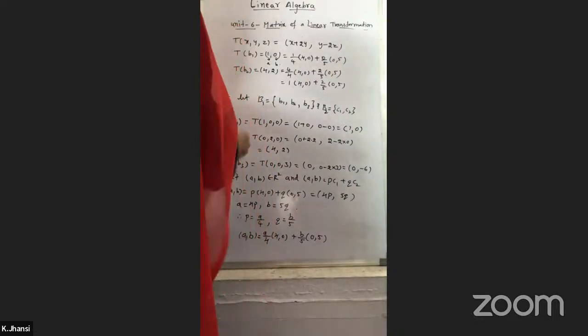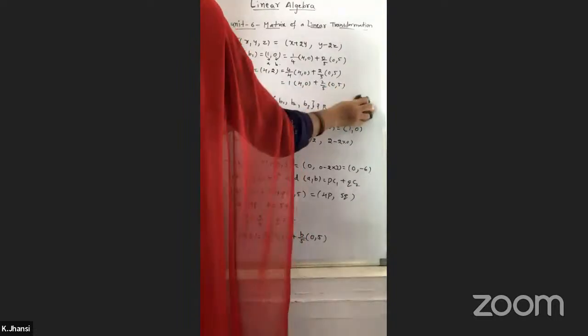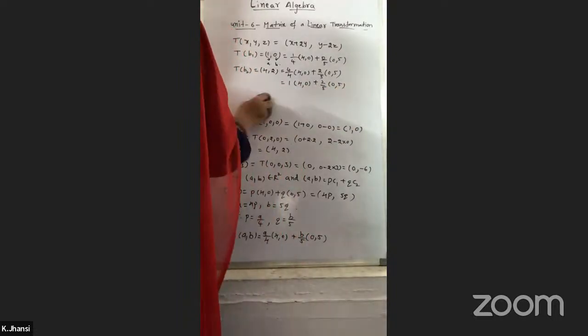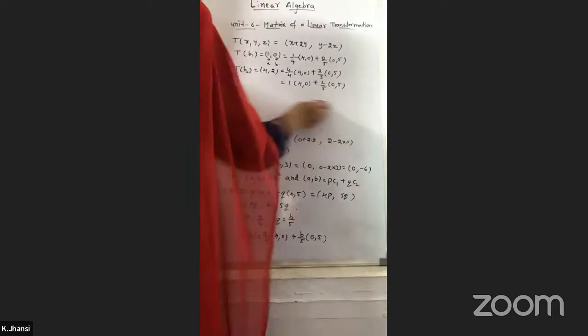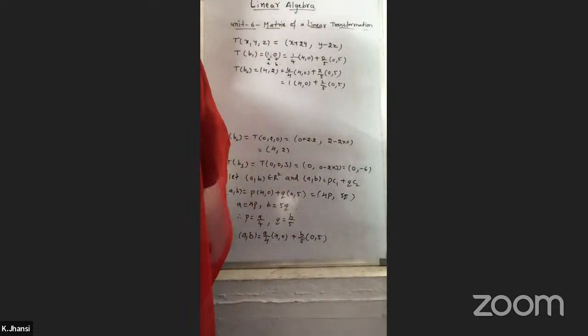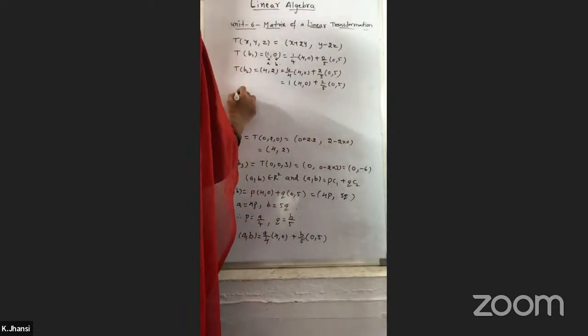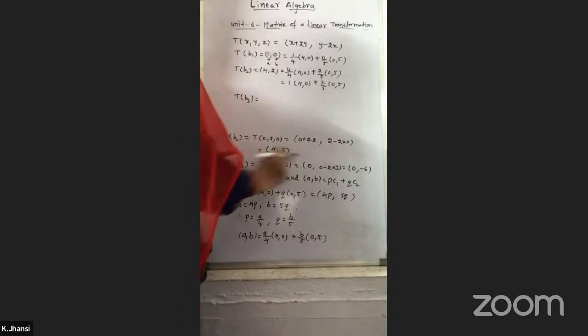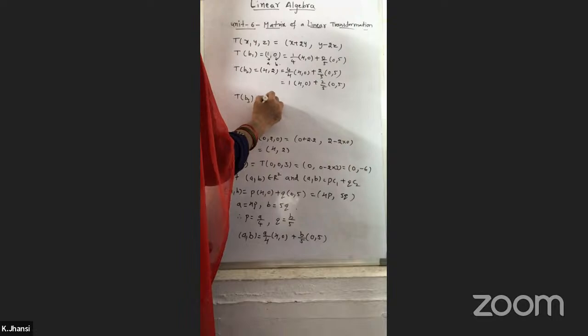The third one is T of B3. T of B3 equals to, what is the T of B3 value? (0, minus 6).